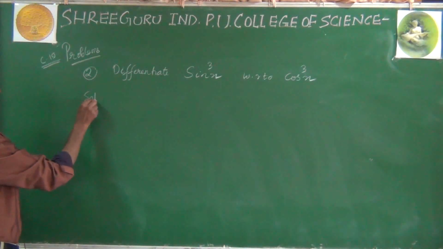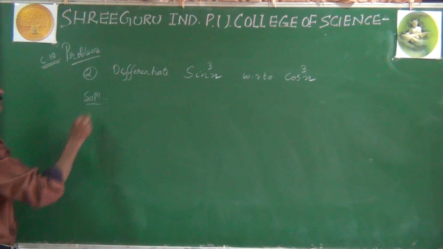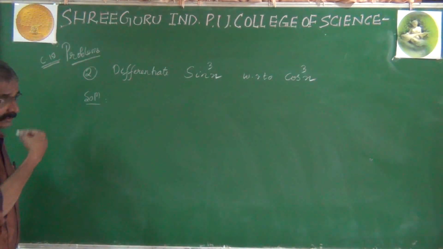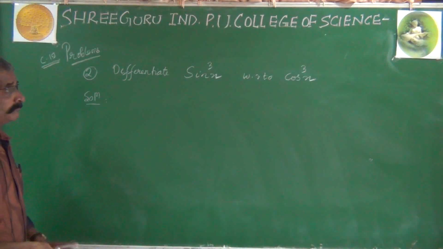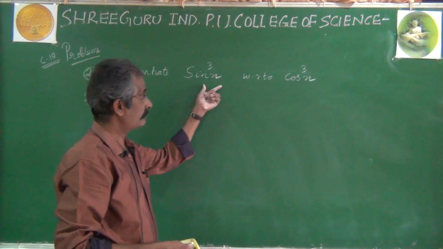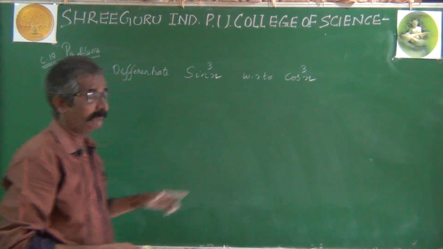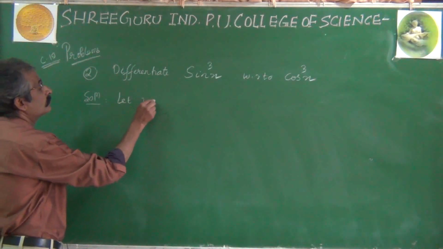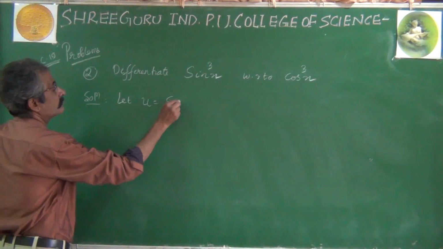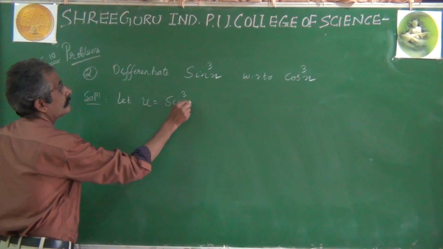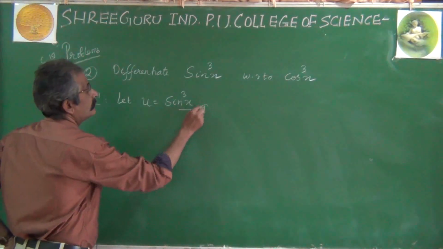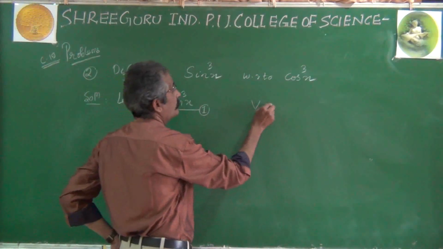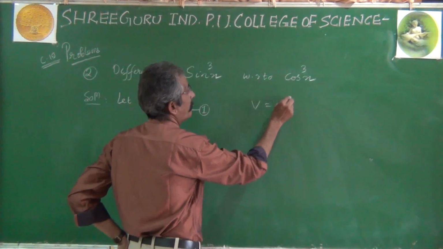Solution. Like in the previous problem, this is u function, this will be v function. Let u equals sine cube x, call 1, v equals cos cube x, call 2.